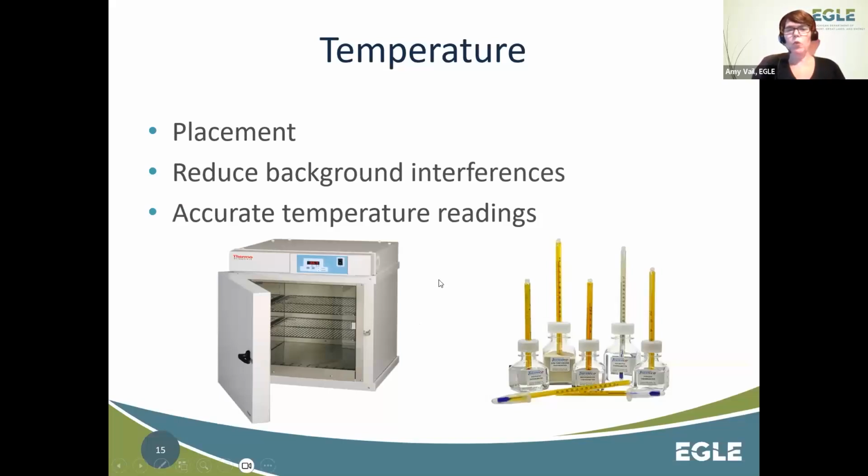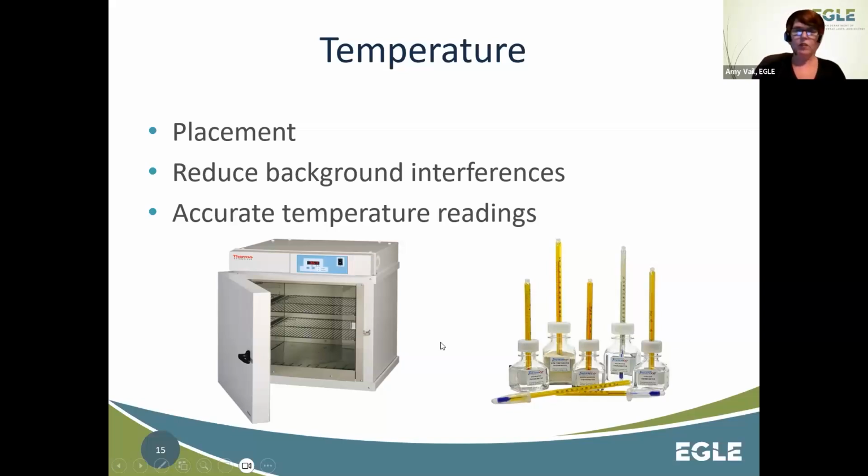Again, where you put your thermometers and what you have around your thermometers is important. If you have an incubator that has multiple shelves, and you're a certified laboratory, you're supposed to have a thermometer on each shelf because each shelf could have a different temperature.